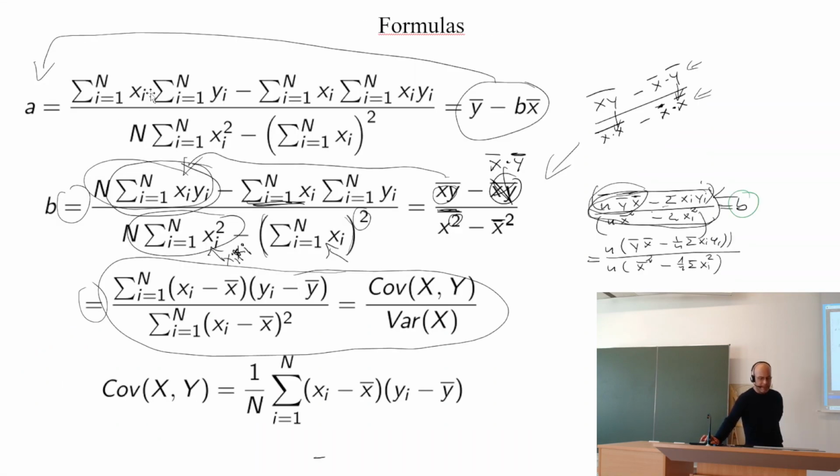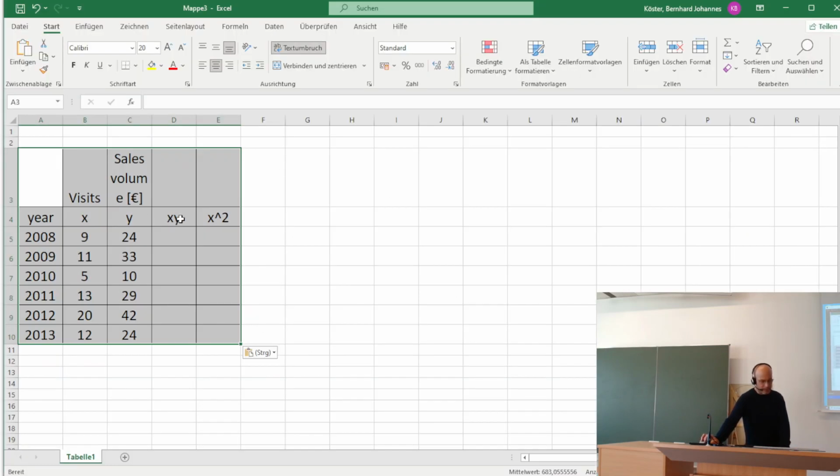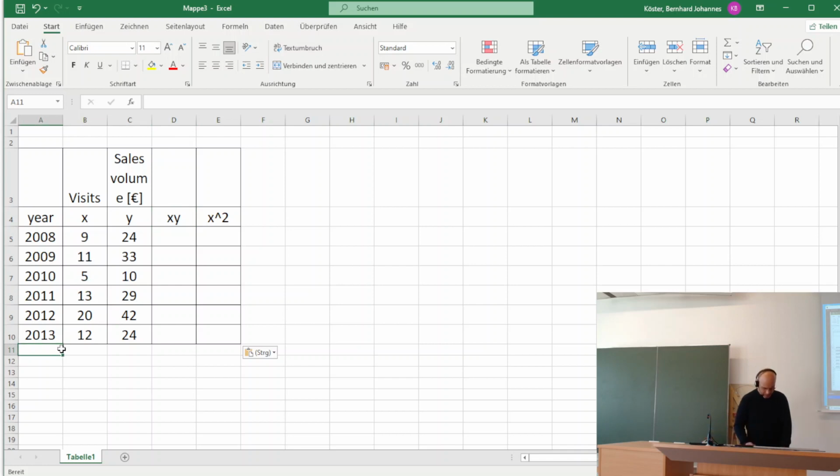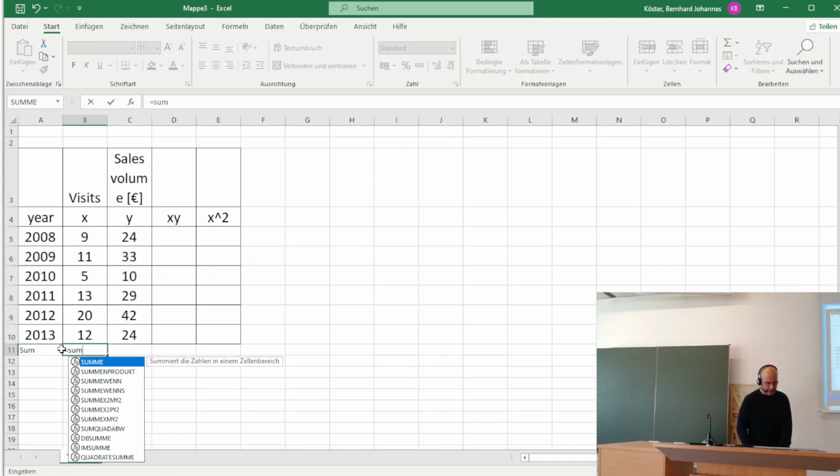I need the sum of x, here for B, the sum of x and y. I need the sum of x squared, and I need always the sum of x and the sum of y. Nothing more. And for this, I already wrote down here x times y and x squared, and down here we can just write sum, and then we are summing up all numbers of the x, so equals sum.